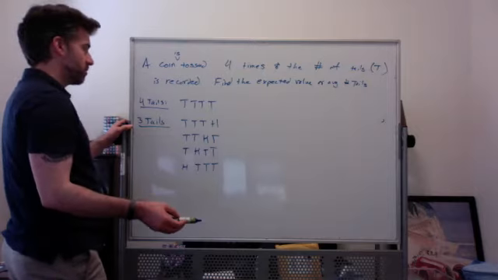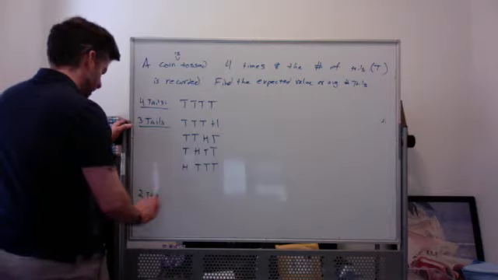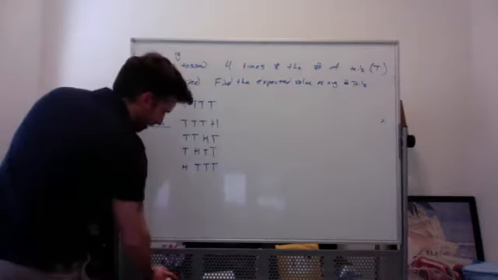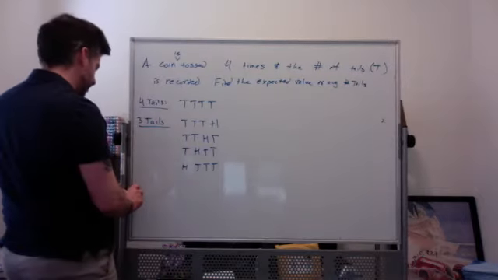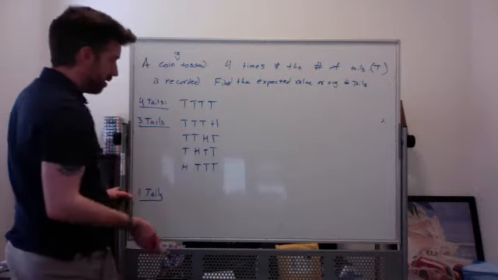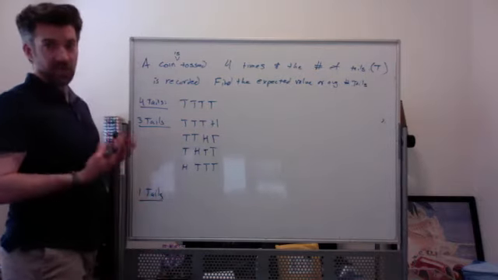So, let's keep going. Let's talk about 2 tails. Actually, the nice thing about 3 tails is it's the same number of ways as getting 1 tail, because if I'm getting 3 tails, there's 1 head. I'm just interchanging the roles of heads and tails.